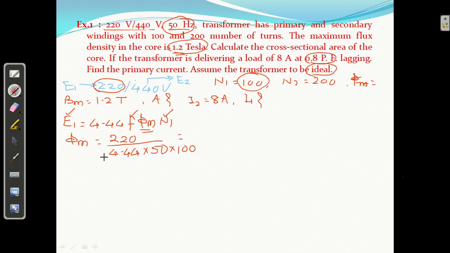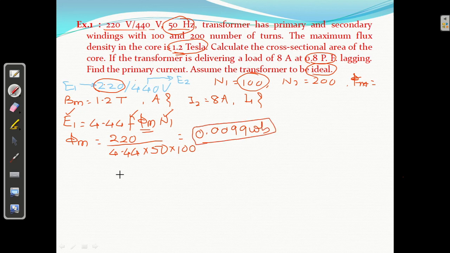Using the calculator: 4.44 into 50 into 100, then divide by 220, and take the inverse. I am getting 0.0099 Weber.